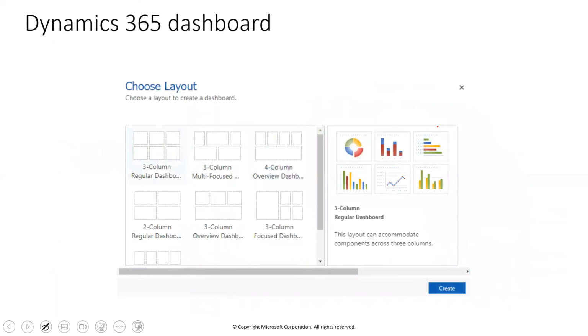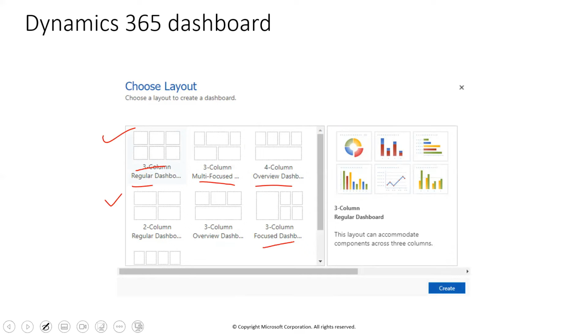Then, if we're talking about creating the Dynamics 365 dashboard, you can opt for different layouts, choosing which specific layout you want to select. You can select your respective layout here, like the 3-column regular dashboard, 3-column multi-focused, 4-column overview dashboard, 3-column focus dashboard, or so on.